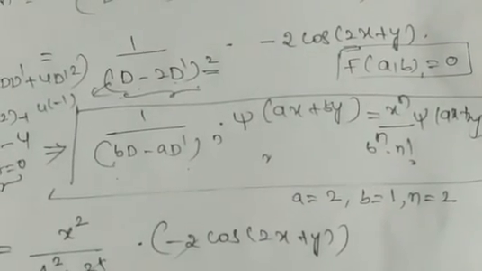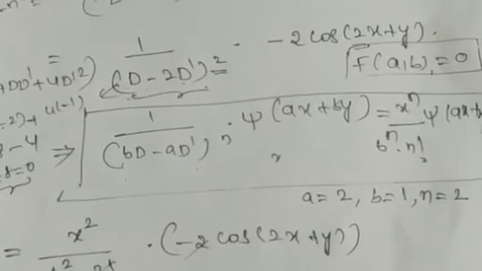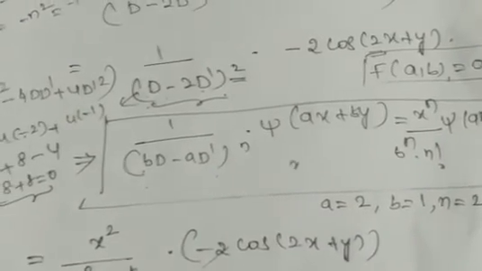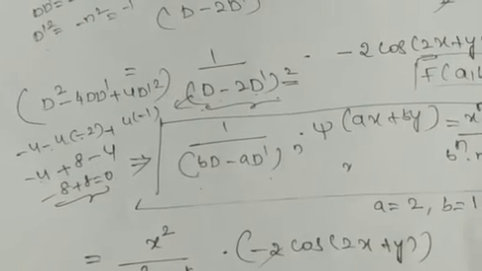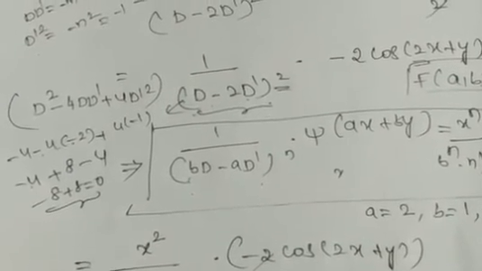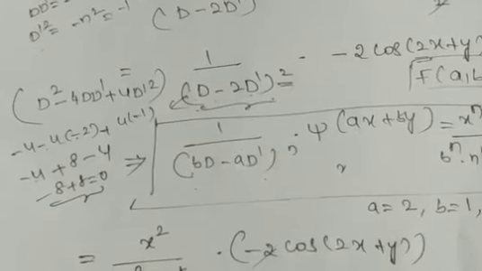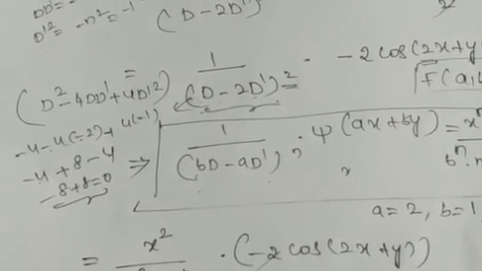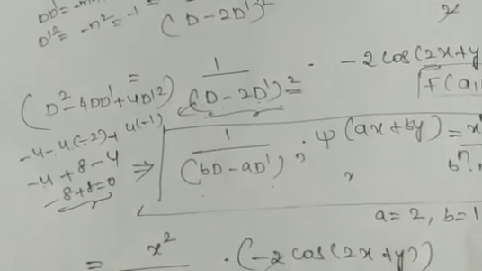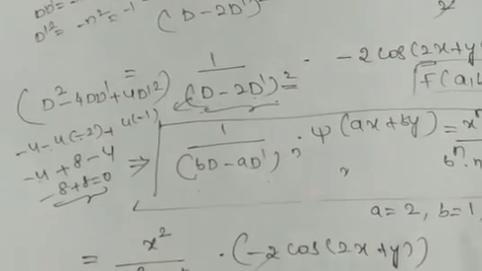So here I am using this formula. Why? Because f of a comma b equal to 0. So therefore here D square minus 4D D dash plus 4D dash square. So here D square equal to minus m square, that is minus 4, and D D dash equal to minus mn, that is minus 2, and D dash square equal to minus n square, that is minus 1.